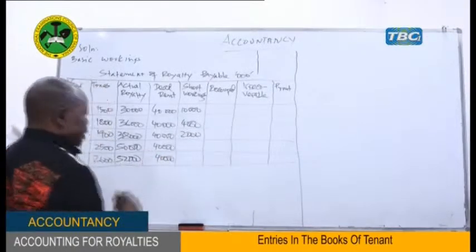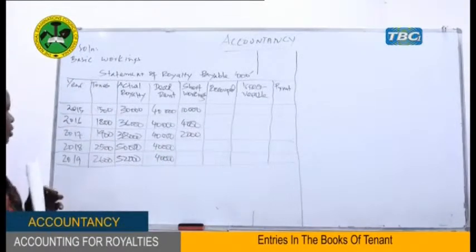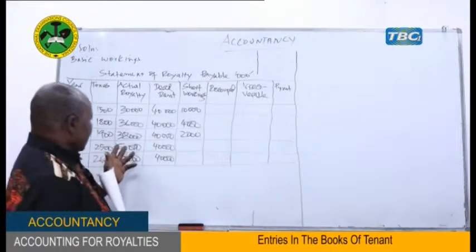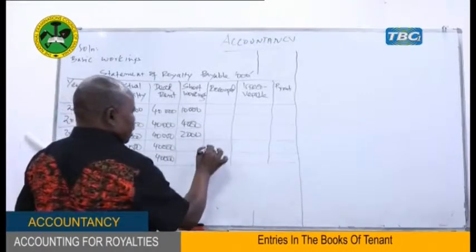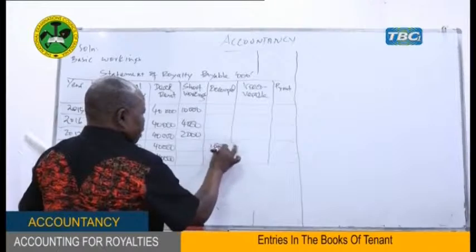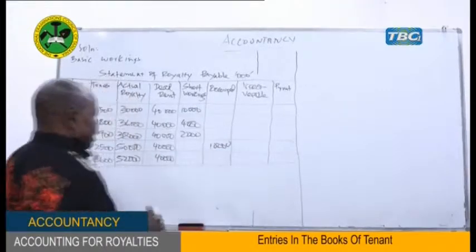Here now there is excess. So here now it's a time to recover our short workings, to recoup. So the excess is 10,000. So it means that it will recoup 10,000. And the balance will be 6,000.